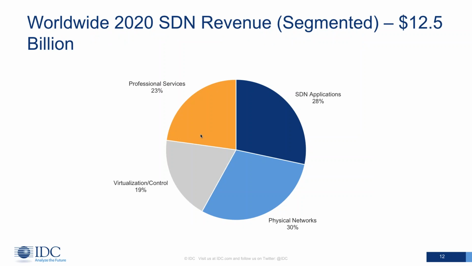Despite all the talk about software, obviously we're still going to need network hardware, and it's still going to be, as we said, 30% of the SDN market in 2020. About 19% of the market will be represented by a virtualization control layer, which includes layer 2 and 3 network virtualization overlays and SDN controllers.